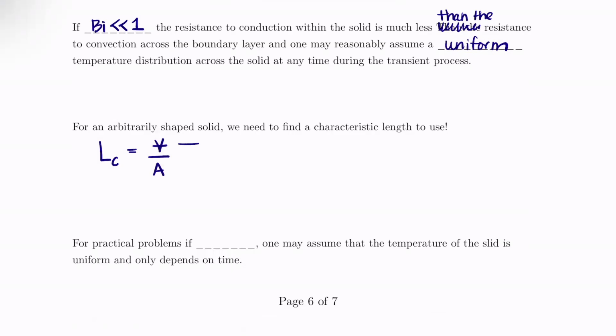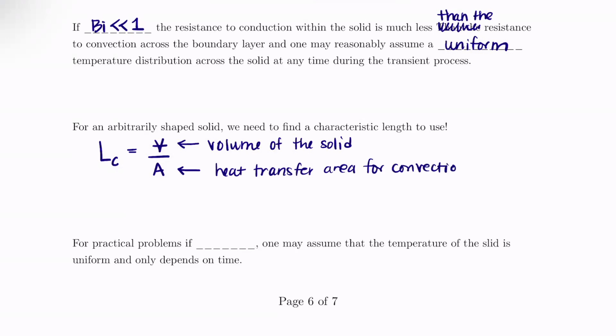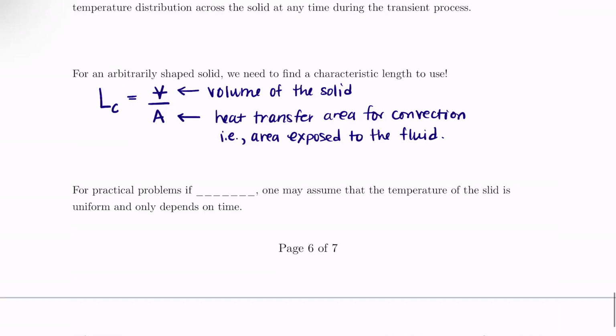So this is the volume of the solid, and then A is the heat transfer area for convection. Essentially, this is the area exposed to the fluid.